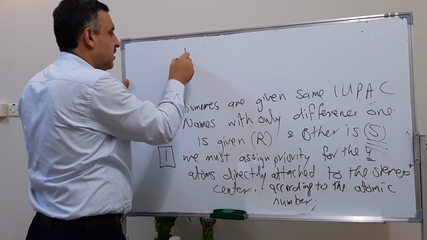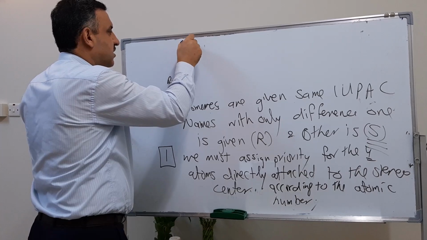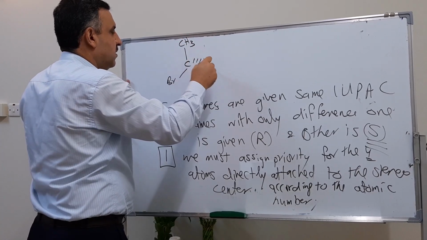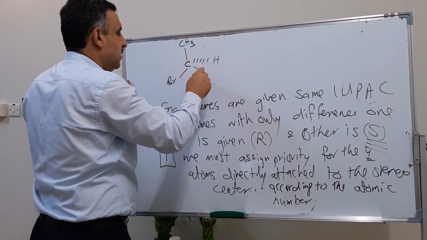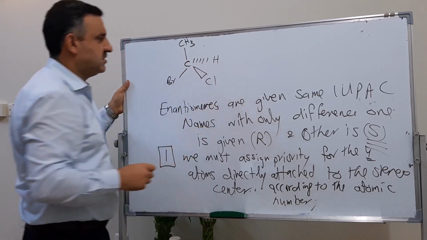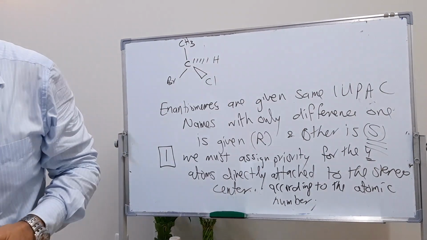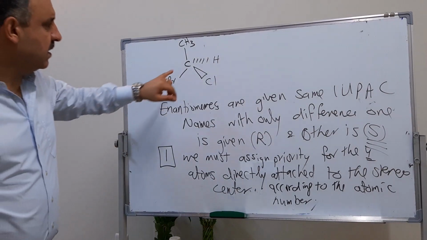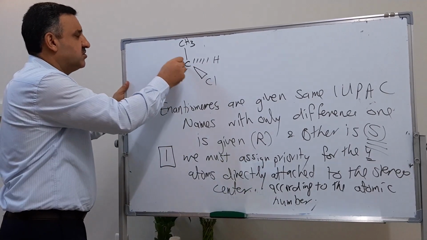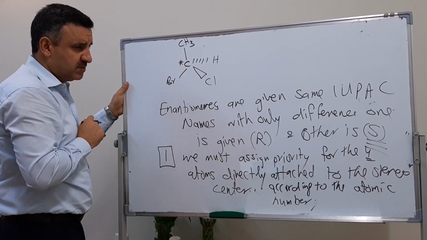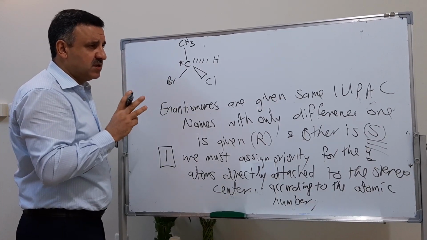This carbon is attached to Br, Cl, CH3 and hydrogen. Suppose, just imagine this. So this carbon is a stereocenter because it is attached to 4 different atoms or groups, right? But what are the atoms directly attached to the stereocenter?